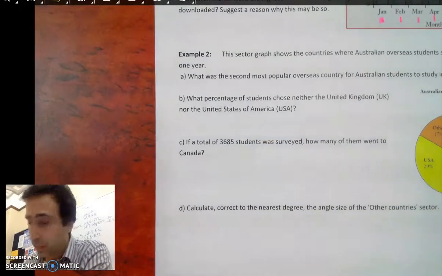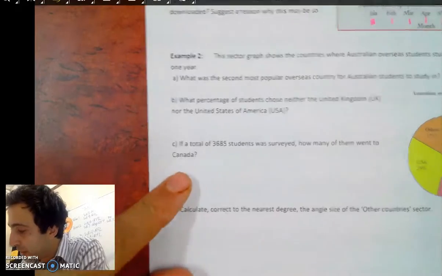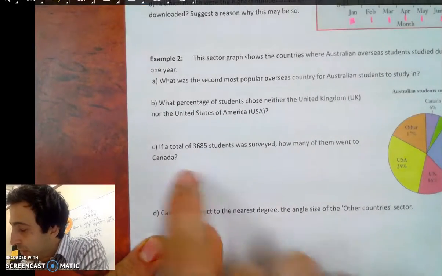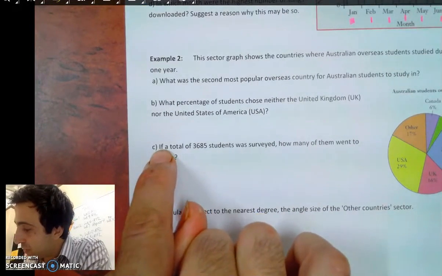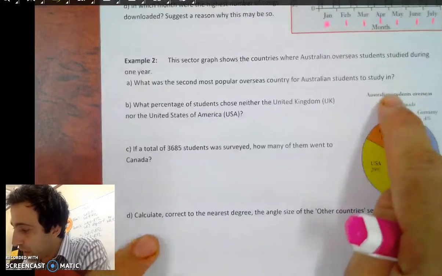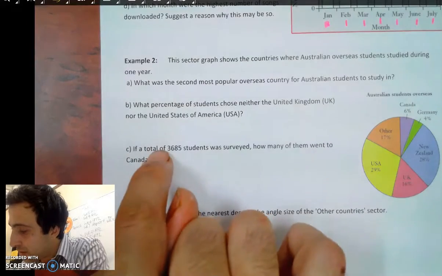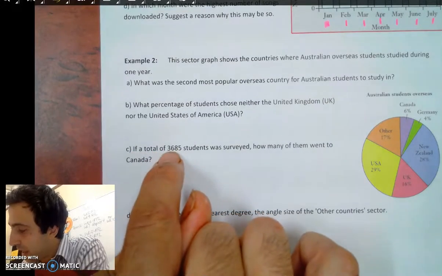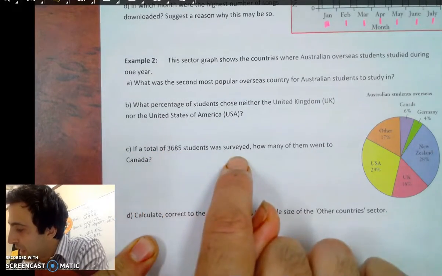For that, it's quite a large video, this one, I do apologise. If we have a look down here, this pie chart refers to percentages of how many Australian students there are overseas. And if we look at question C, if a total of 3,685 students were surveyed, how many of them went to Canada?